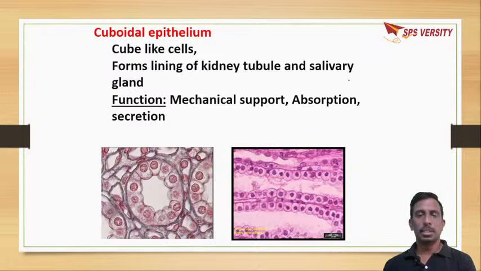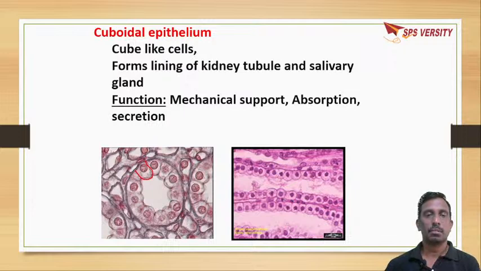Cuboidal epithelium, the cells are cube-like, which forms the lining of kidney tubule and salivary glands. इसका फंक्शन क्या है कि मैकेनिकल सपोर्ट, absorption और secretion.